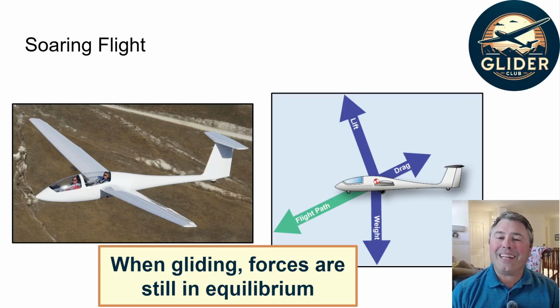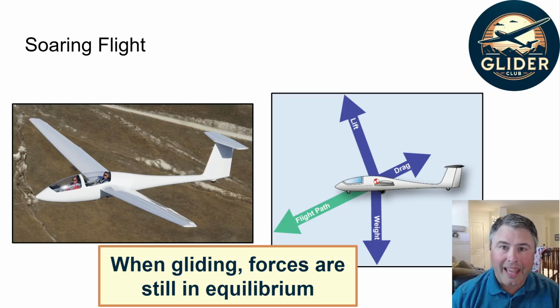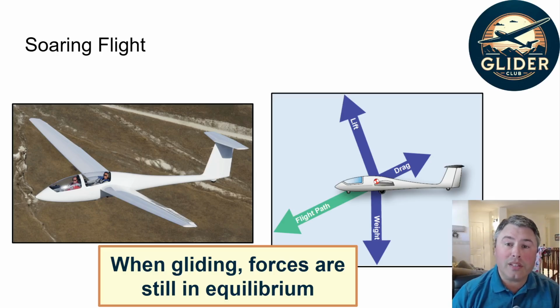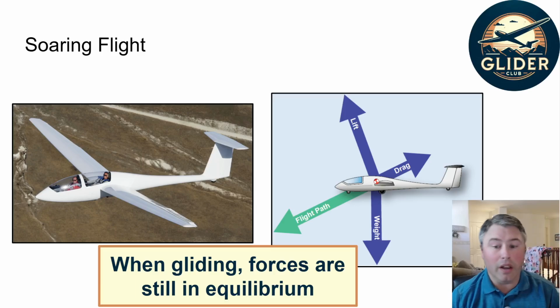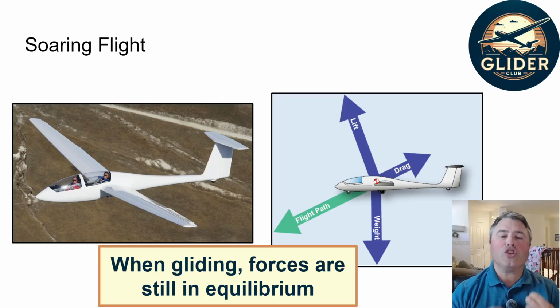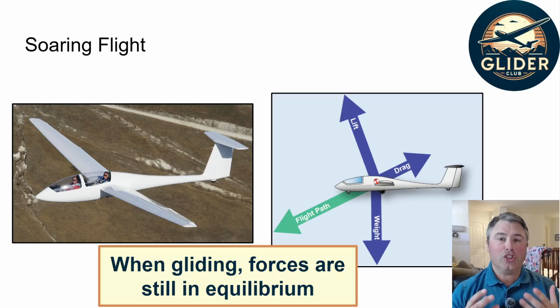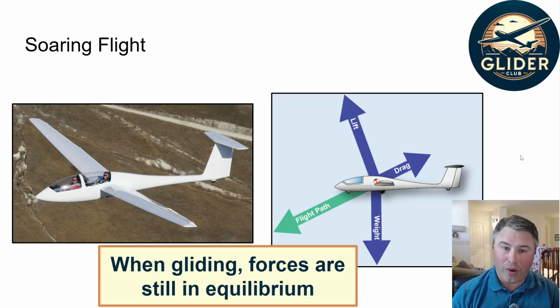But it's not speeding up in any of those directions. It's still just coming down at a nice, continuous speed, not speeding up, not slowing down. When gliding, the forces are still in equilibrium. We still have lift, drag, and weight. We just don't have thrust anymore.